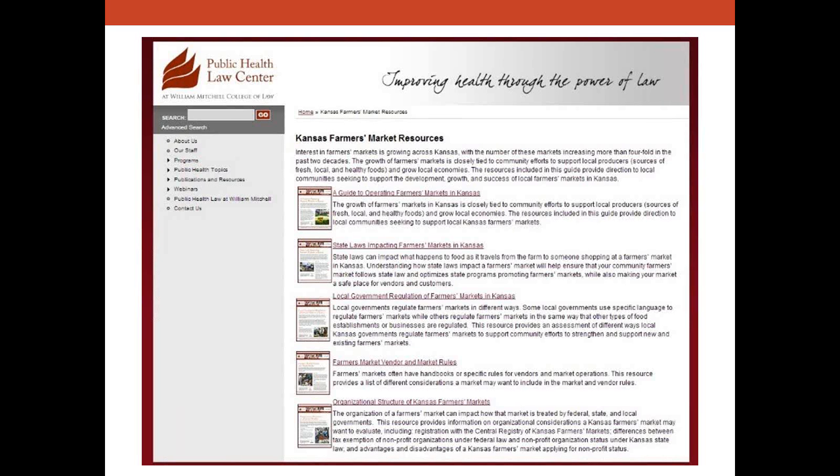It's a comprehensive set of resources to help you understand how to operate farmers markets. It looks at state laws and local laws that impact farmers markets, and is really meant to be a hands-on resource that your community stakeholders can use to help identify how to ensure that farmers markets are thriving in your community.